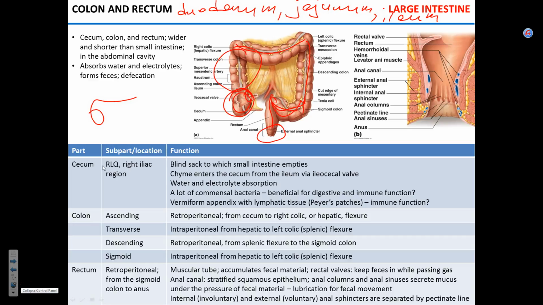Now, interestingly enough, if you compare the cecum of mice that are germ-free, that do not have any microbes, and mice that do have microbes, mice without microbes have ginormous cecums.